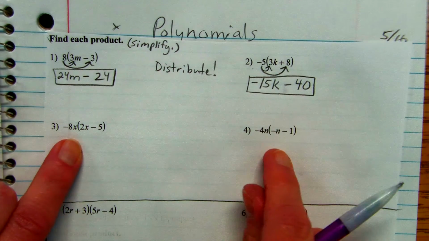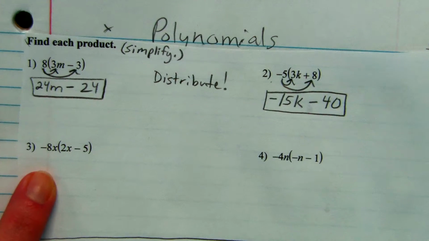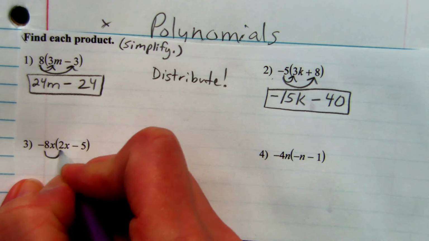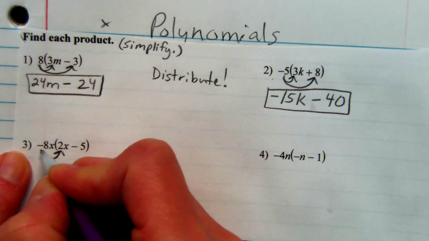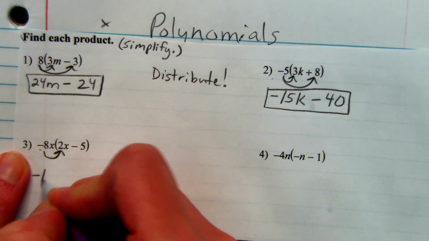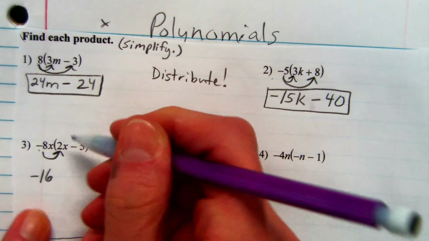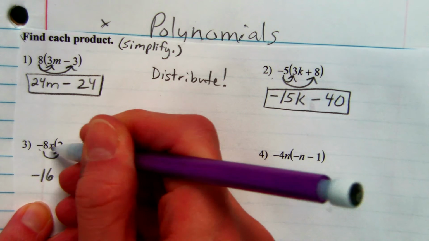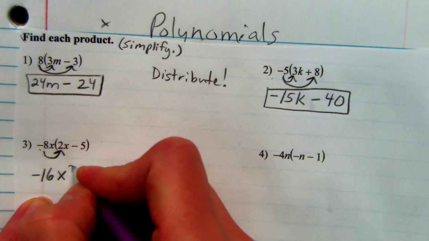On the next two examples, they're going to add another variable. So I'm going to take negative 8x times 2x. So the negative 8 times 2 is negative 16. What do I get when I take x times x? X squared. X squared. Very good.